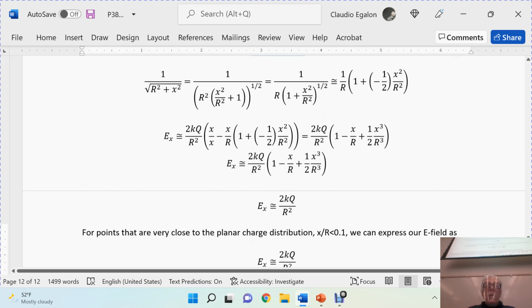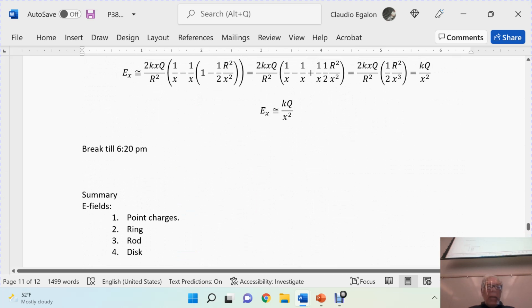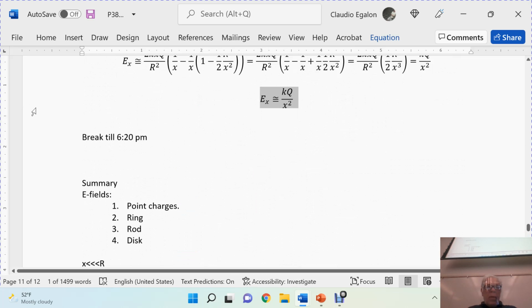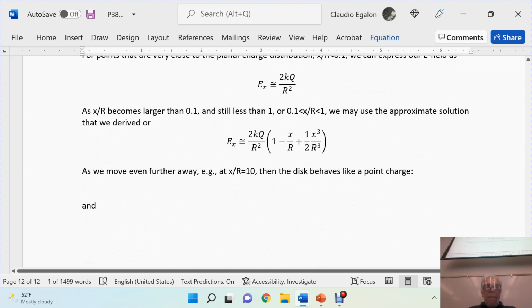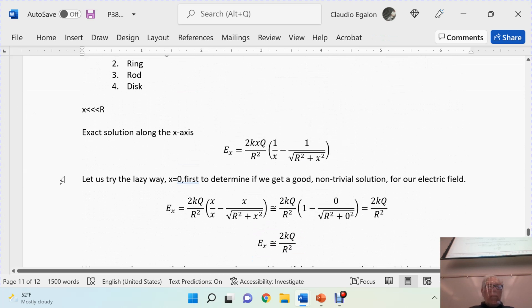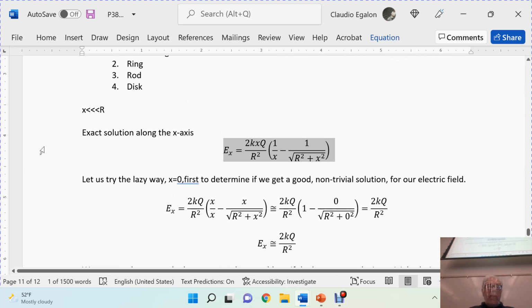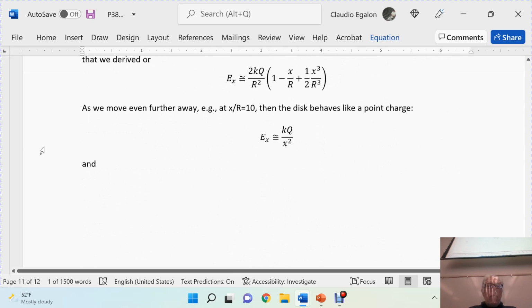So here we go. The point charge is right here. Anywhere else in between, you use this result here. That's the exact result.